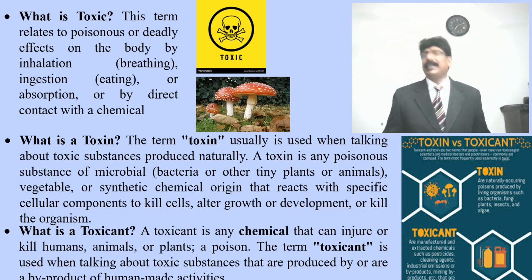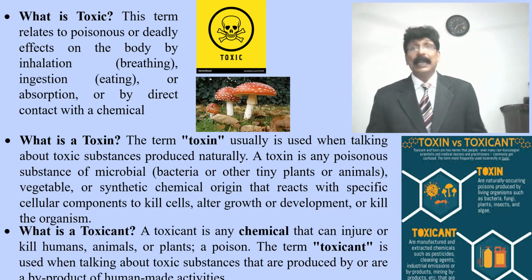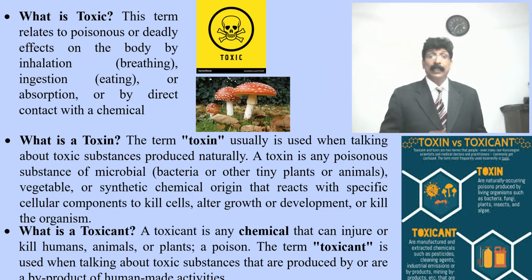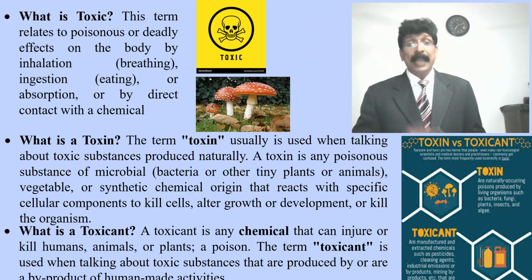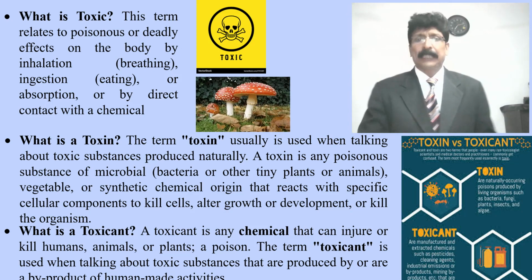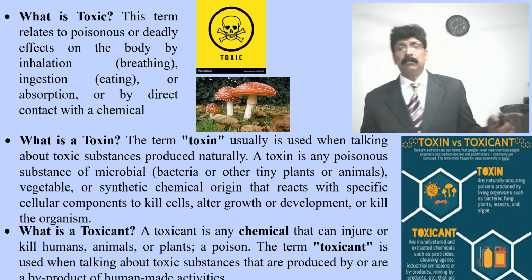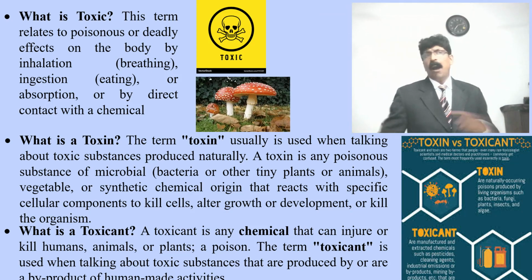A toxicant is a chemical that can injure or kill humans, animals and plants. The term toxicant is used when talking about toxic substances that are produced by, or are a byproduct of, human-made activities.